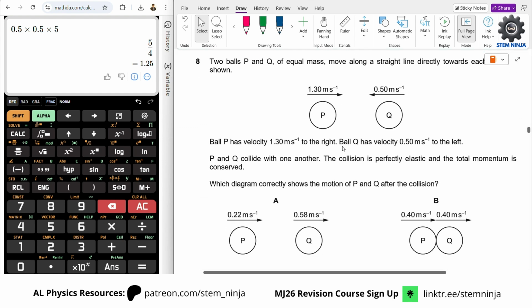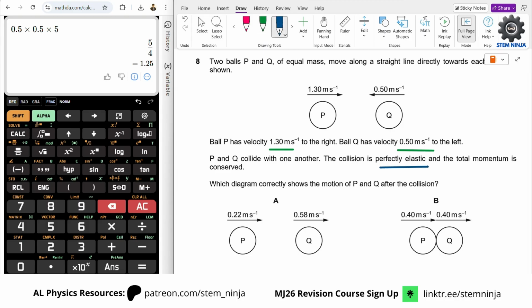Two balls, P and Q of equal mass, move along in a straight line directly towards each other, as shown. Ball P has velocity 1.3 meters per second to the right. Ball Q has velocity 0.5 meters per second to the left. P and Q collide with each other. The collision is perfectly elastic and the total momentum is conserved. Which diagram correctly shows the motion of P and Q after the collision?